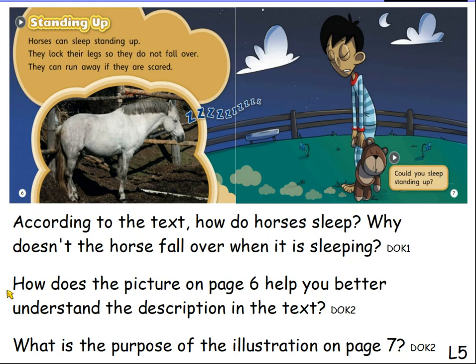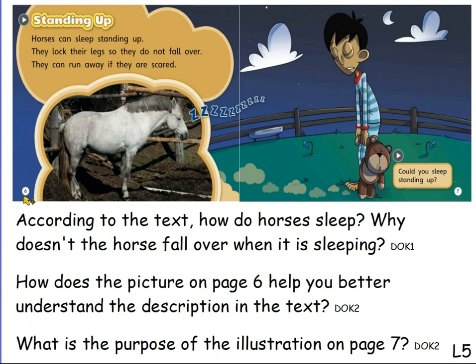Our next question says, how does the picture on page 6 help you better understand the description in the text? So I can see that I need to go to page 6. On page 6, there's a picture of a horse that is standing up.